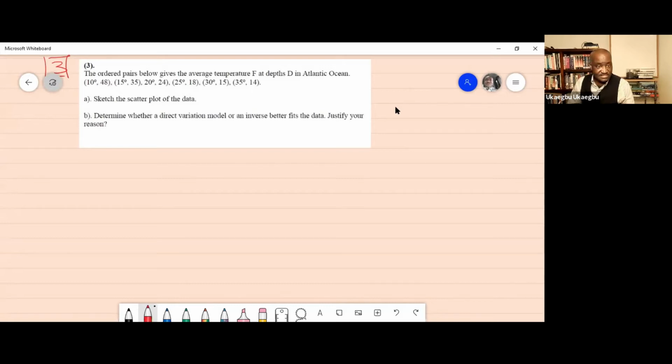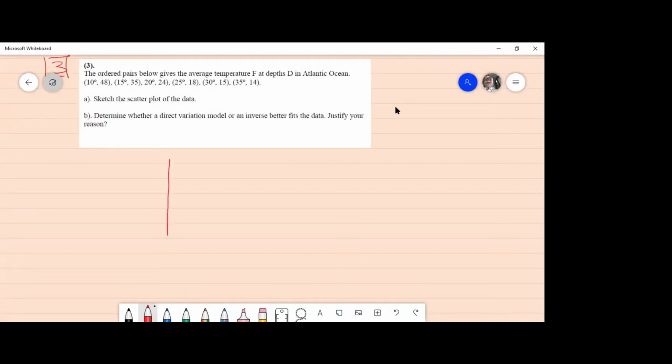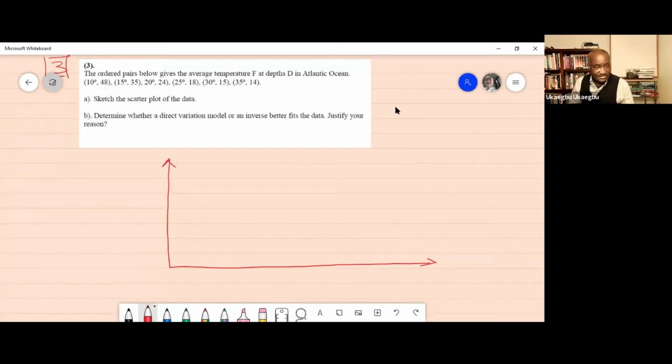So it says sketch a graph. So you now know you are working in a coordinate plane. So this is your coordinate plane. You have your x-axis, you have your y-axis. Now if you look at this, you can see that the maximum temperature is about 35.